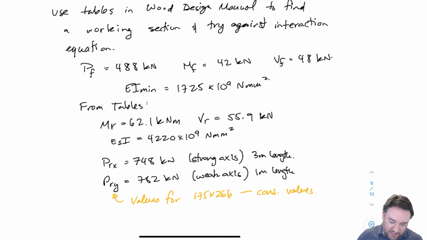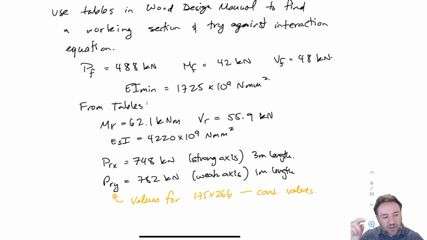Okay, fantastic. So now, before I go any further, before I go and check all these moment resistances and all that stuff, I'm going to check all the moment resistance, shear resistance. I'm going to include consideration of shear notch and all that stuff. What I want to do as a first step here is to just use these values from the table, which are conservative values. The axial load values are definitely conservative, the PRX and the PRY, because they're for a slightly smaller beam.